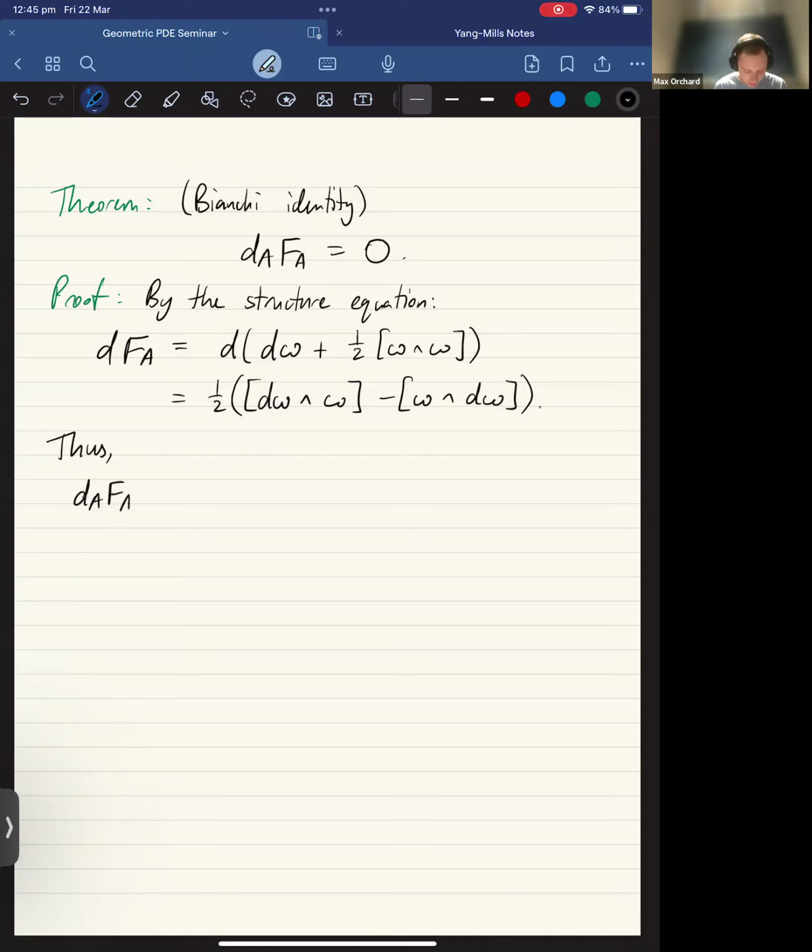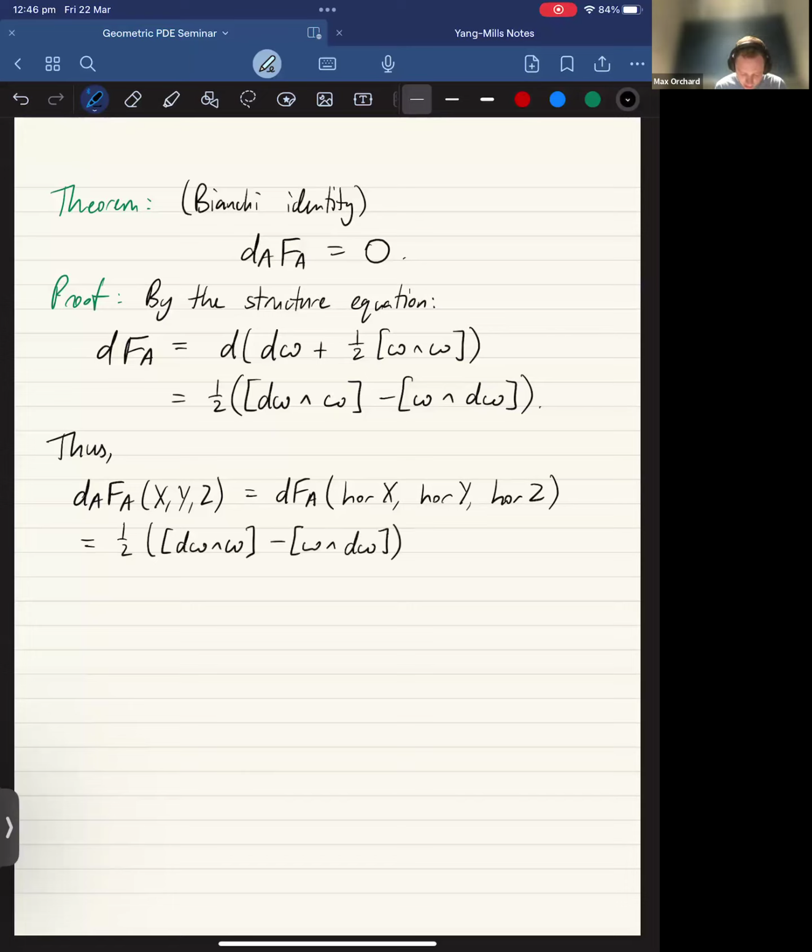Thus, if we want to evaluate this at some vector fields x, y, and z, by definition, this is equal to the derivative of this guy, but only looking at the horizontal components of all these vector fields. And by the above, this is equal to this here evaluated at the horizontal components.